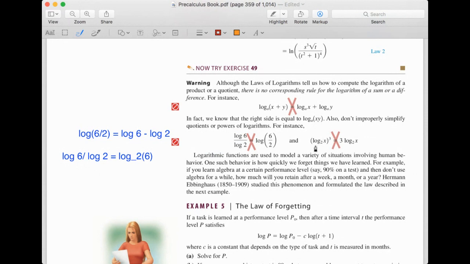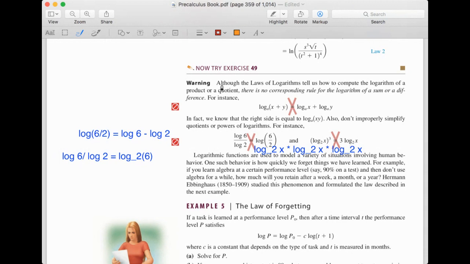Okay. Here we see log base 2 of x, raised to the 3. That means we have 3 logs: log base 2 of x times log base 2 of x again times another log base 2 of x. So this side means log base 2 of x multiplied by itself 3 times.